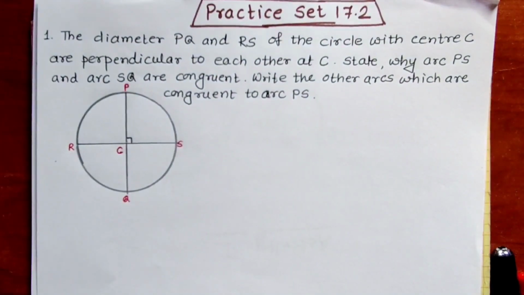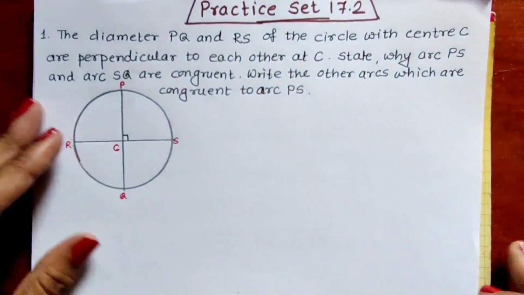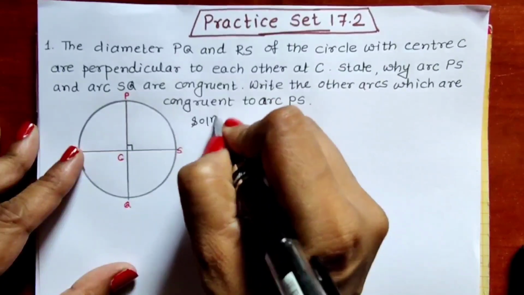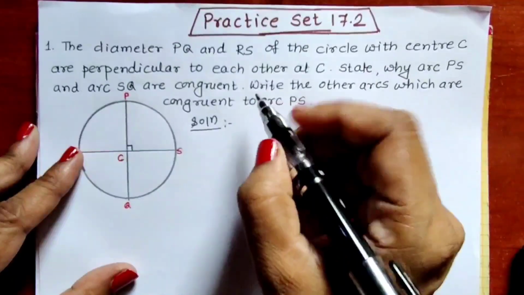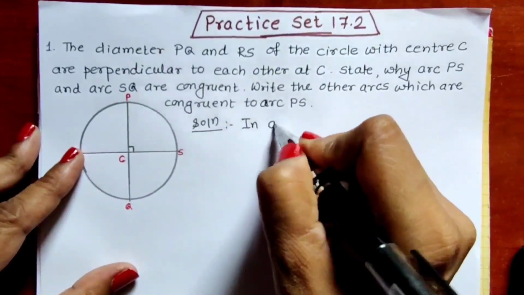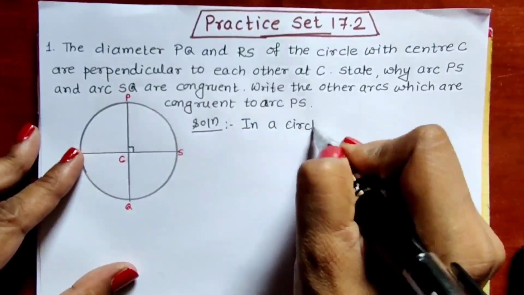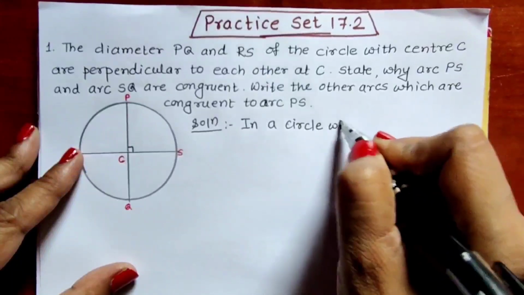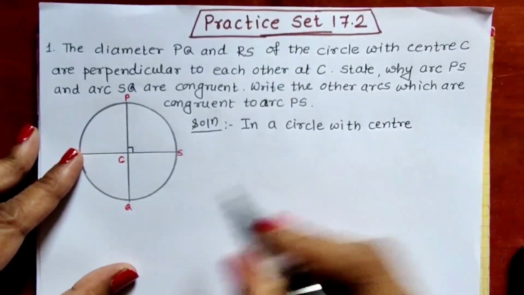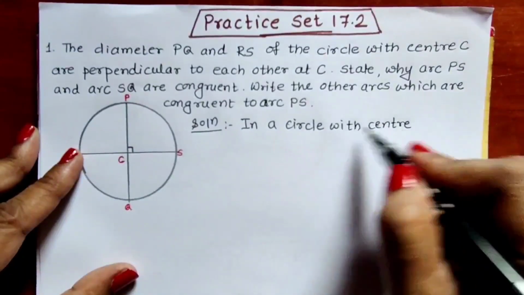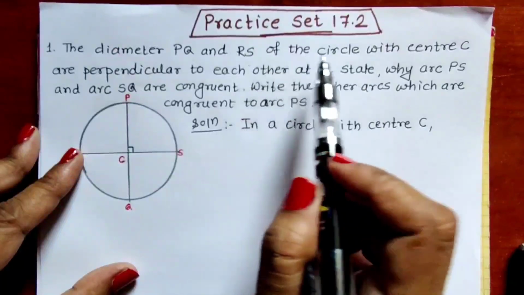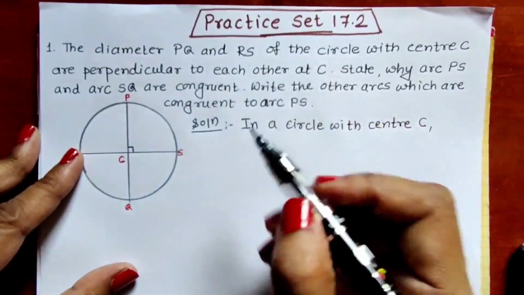So let us start our solution. We will write the name of the circle first. In a circle with center C, what is given to us? Diameters PQ and RS are perpendicular to each other.